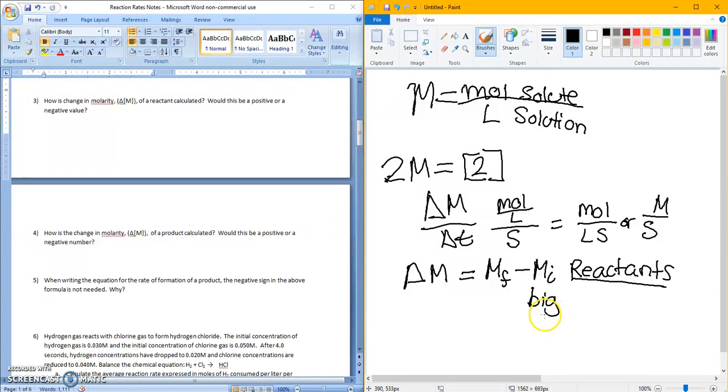You're going to start off with 10 moles per liter. Then, as a reaction occurs, the reactants go away, right? They turn into products. So if they're turning into products, that means they're going away, and your final concentration will be low. Low minus big means that the change in molarity for a reactant is a negative number.